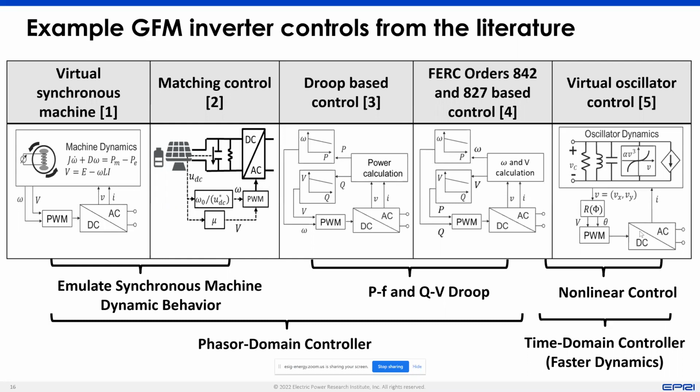But in a sense, both of these types of controls try to emulate a synchronous machine and its dynamic behavior. Of course, this doesn't mean that they act exactly the same as a synchronous machine.